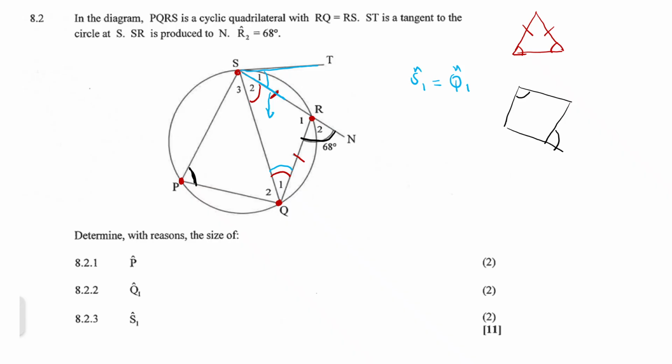So these two angles will be equal. So I'm just going to say angle P is equal to angle R2, which is equal to 68 degrees. The reason that you need to give is that this is an exterior angle of a cyclic quad.